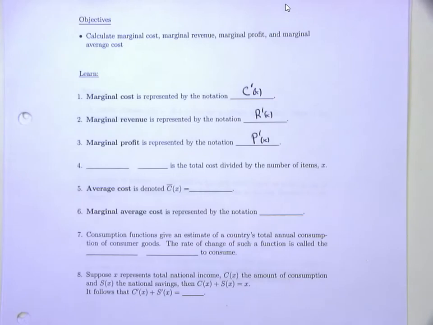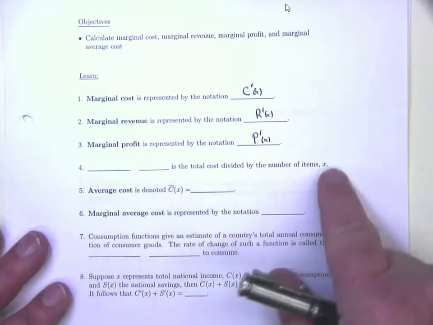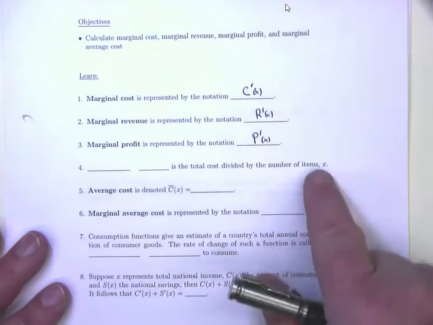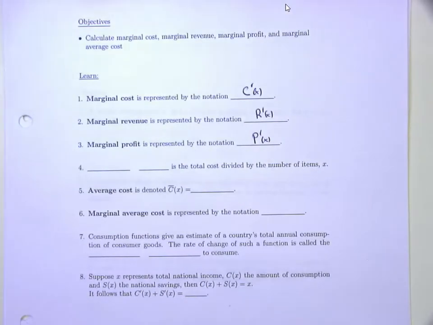All right, so filling out the blanks. Here's a new one for you. Blank blank is the total cost divided by the number of items X. Now, total means add. When you add up a bunch of things, let's talk about what you guys are most interested in this class, grades.